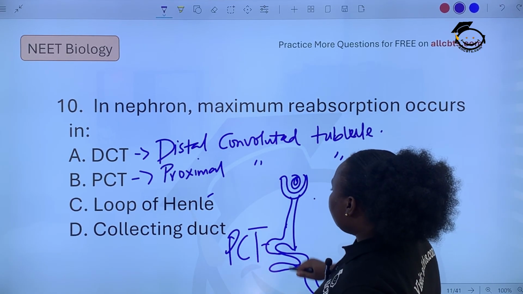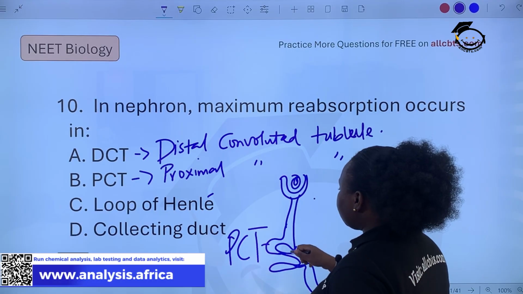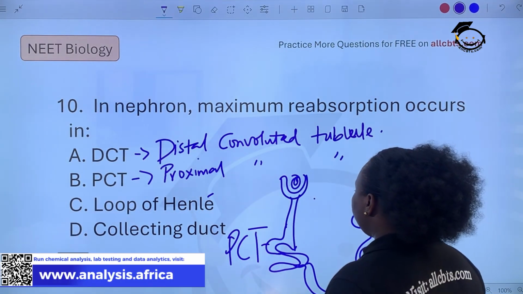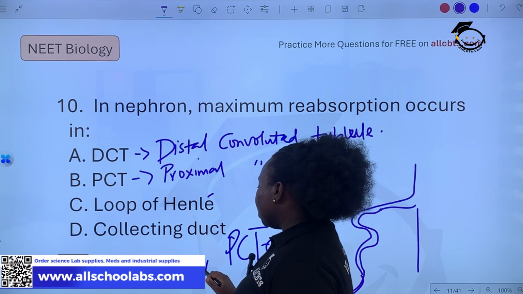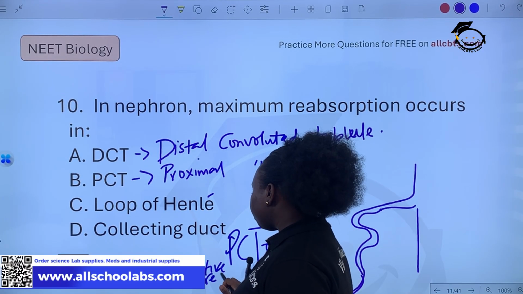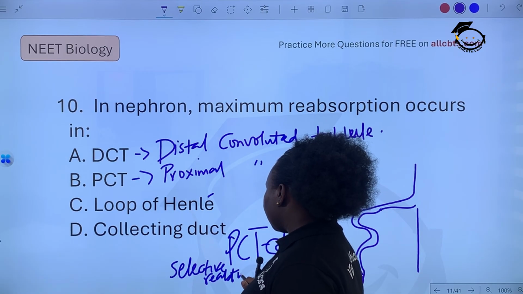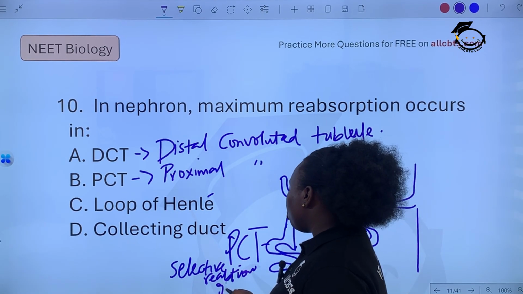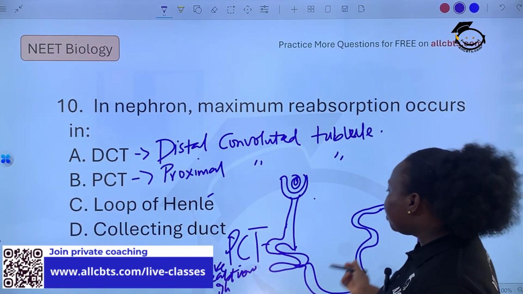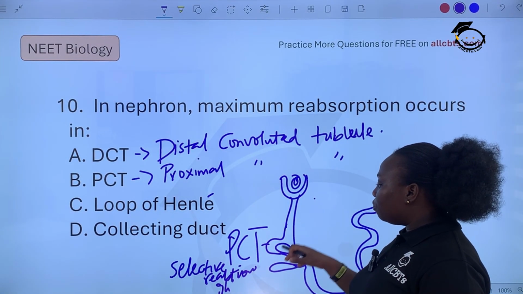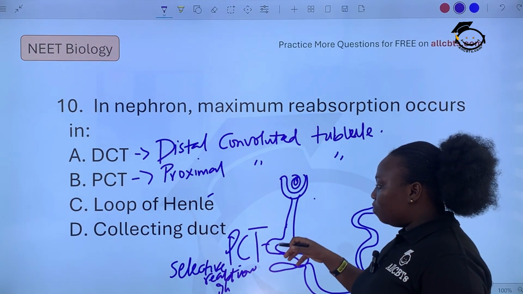Now it will flow to your proximal. Now in this proximal convoluted tubule, something happens, and that is selective reabsorption. Now with this selective reabsorption, things like glucose, amino acids, salt, water, ions, everything will be reabsorbed from this particular PCT.